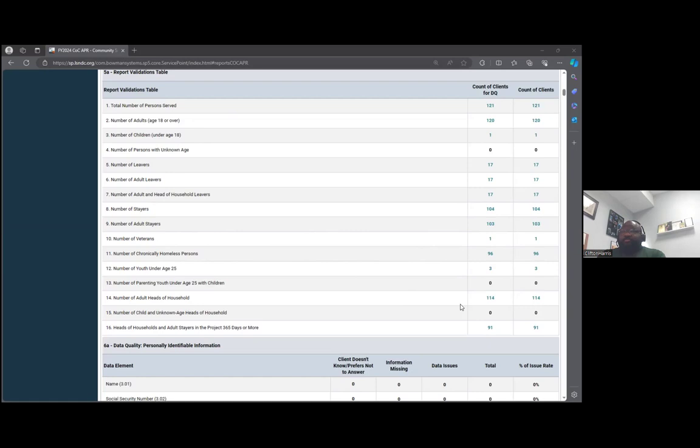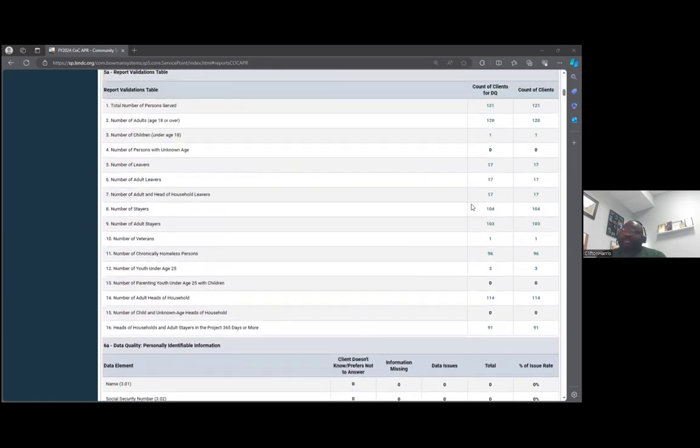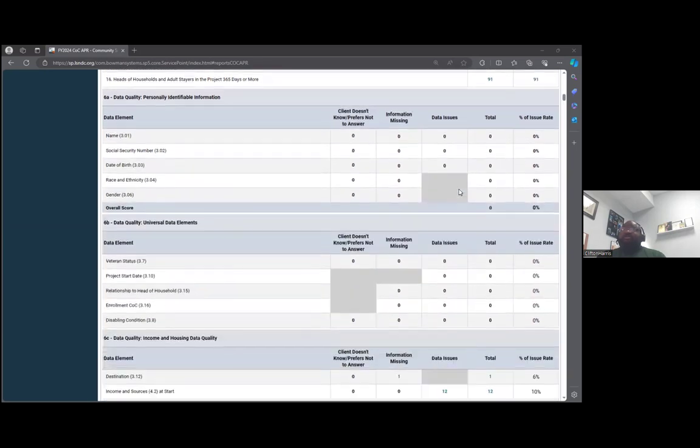And then the number of adult households and adult stayers in the project 365 days or more, which most PSH programs will have due to having clients that have been in the system over time. Okay. So that's everybody that's included in question 5. So the first thing you want to do is make sure that's the right number of clients, and so on and so forth, things of that nature.